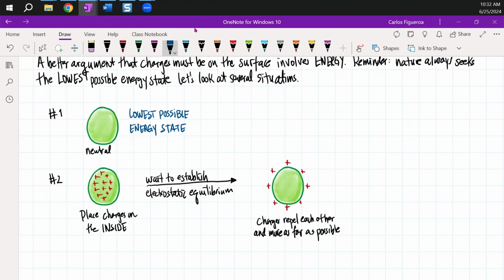Now, number 1 here is the lowest energy state, but this is a low energy state, not the lowest. It's a low energy state, but higher than state number 1.